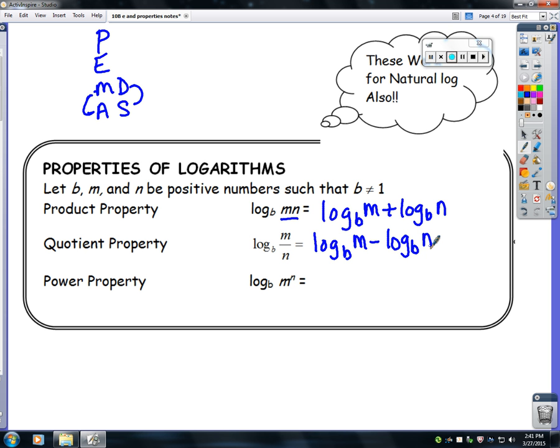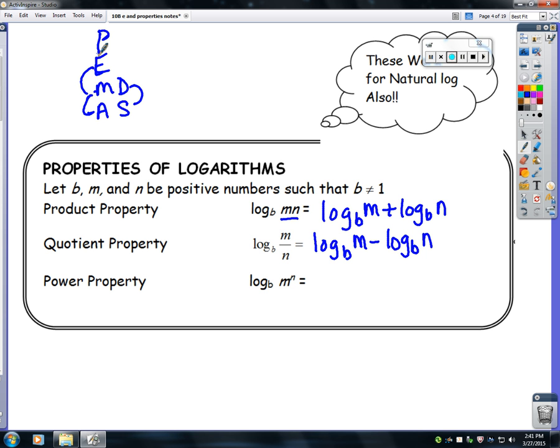And then the power property. All right, so we're at a power. What do you think its power is going to turn into? Well, if we look back at PEMDAS, power is going to turn an exponent. I was thinking P for power, but that's P for parentheses. Let's try that again. Our exponent is going to turn into multiplication.